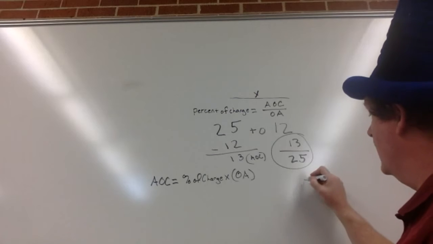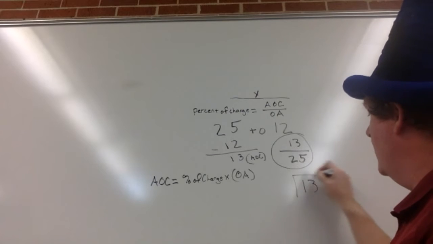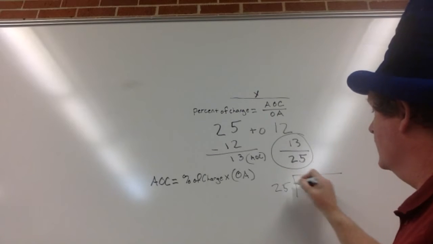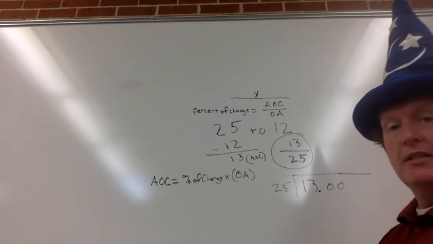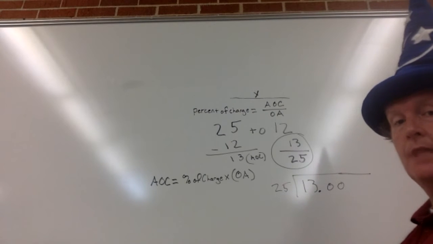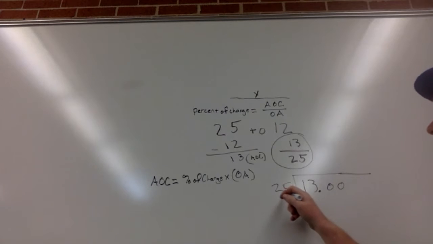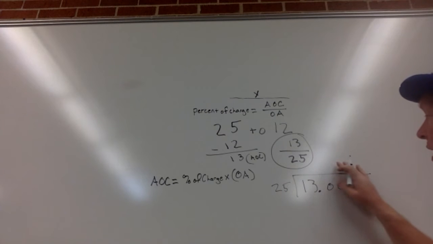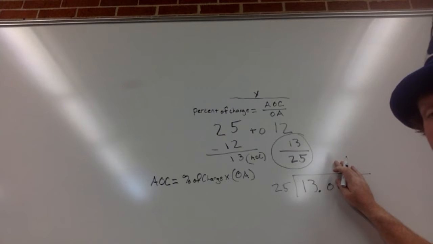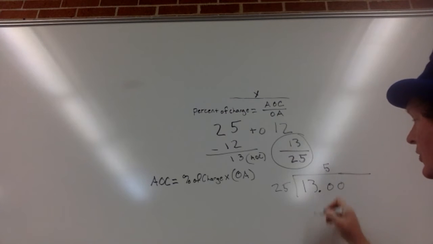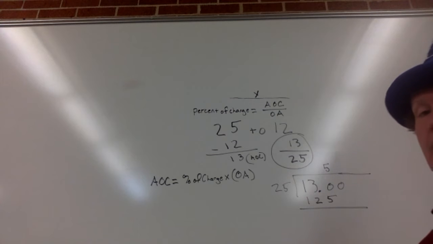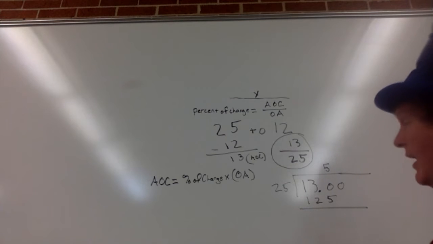The way we do that, top number goes in the box, bottom number goes outside, add zeros as needed. So then we say 25 goes into 130. I would say 5 times. If I had 5 quarters, I'd have $1.25. That's the way I think about it when I'm using 25.